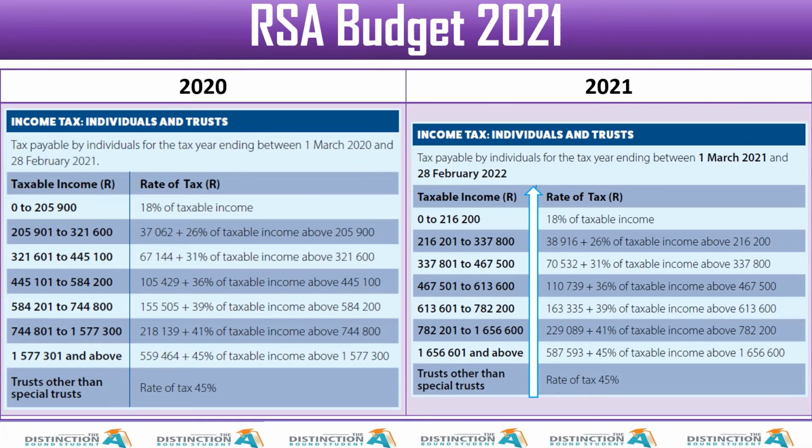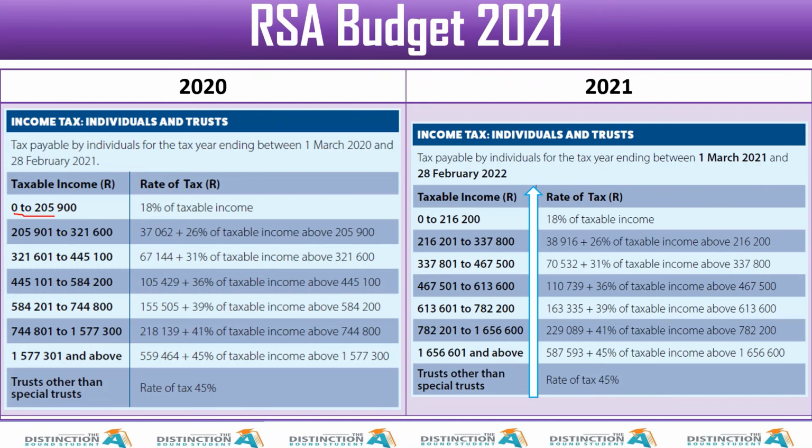All right, then we come to individual income tax. Like you see what I was talking about when I was showing you the thresholds. Here it says taxable income. Everything went up here, but what went up is the bracket.